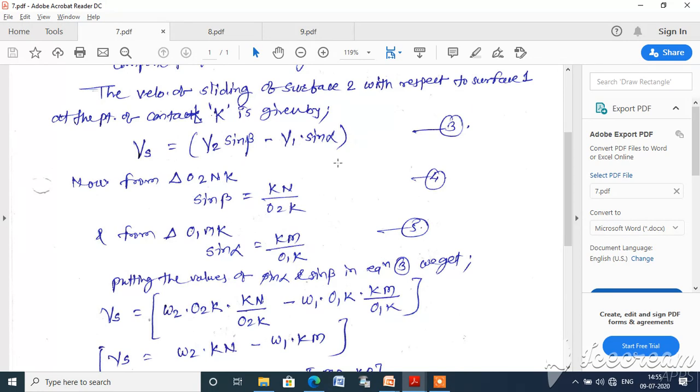Now consider triangle O2NK and O1MK and find out sin beta and sin alpha. In triangle O2NK, sin beta is opposite side divided by hypotenuse, so Kn upon O2K, and in triangle O1MK, sin alpha equals Km upon O1K.